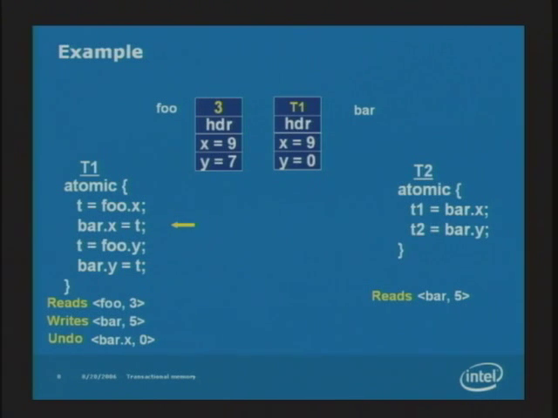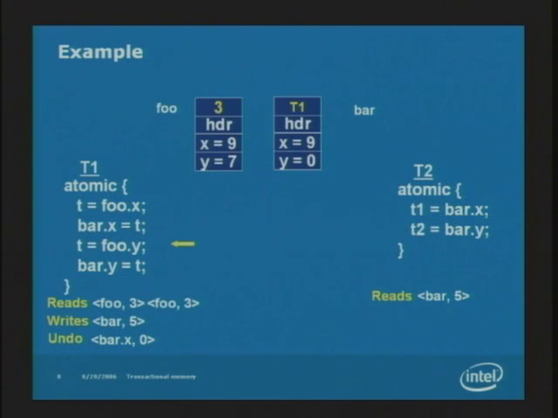At the same time, we maintain in the data structures here that the previous value was 0. We also remember the fact that we acquired exclusive access on the object bar. Then transaction T2 comes in and finds that this object has been locked, so it waits because it doesn't want to read a speculative value.